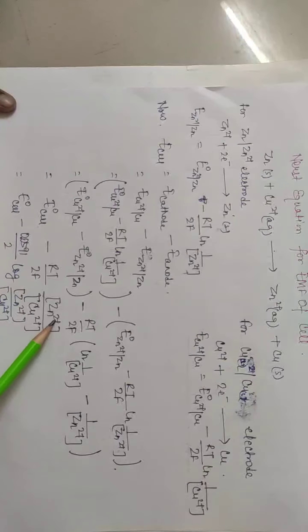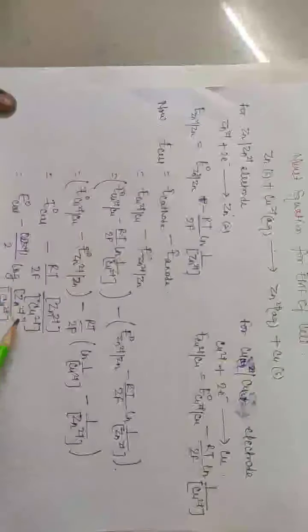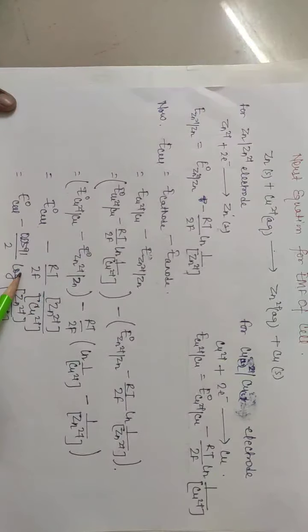Since it is a difference, we can write ln of Zn2+ upon Cu2+ over 2F, and using T equal to 298 Kelvin, this equation becomes this. This is the Nernst equation for the EMF of the cell.